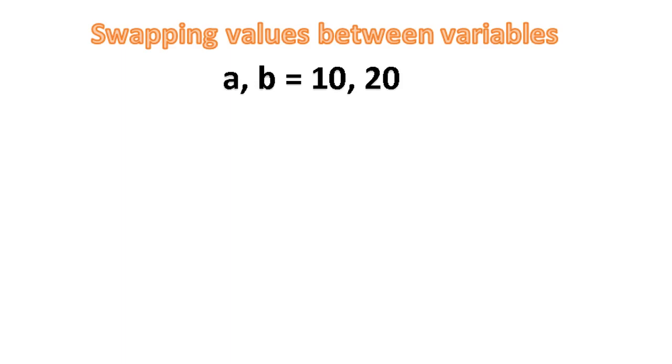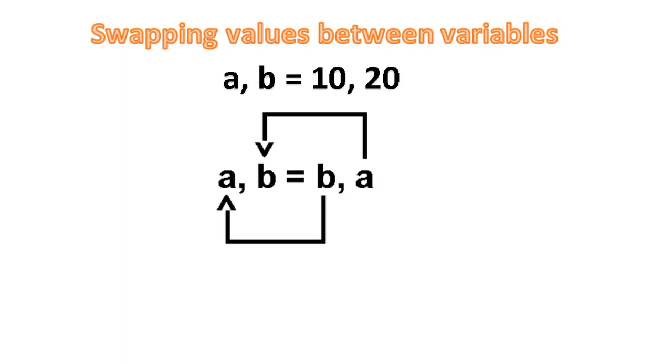Swapping values between two variables. For example, assign a is equal to 10 and b is equal to 20 using the command a, b is equal to 10, 20, and swap the values using a, b is equal to b, a. So the result will be a is equal to 20 and b is equal to 10.